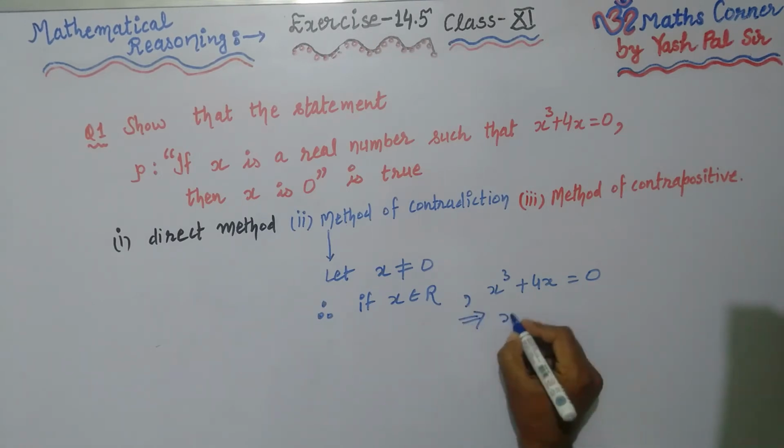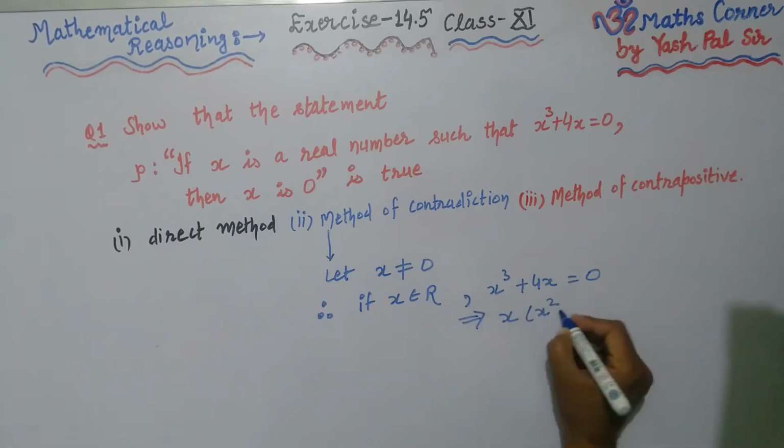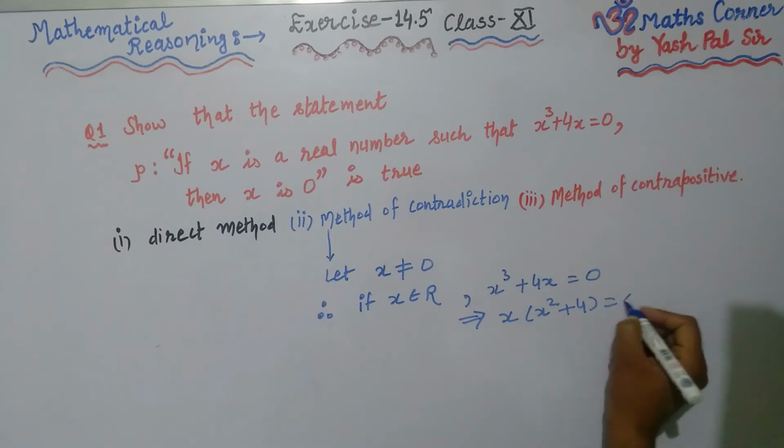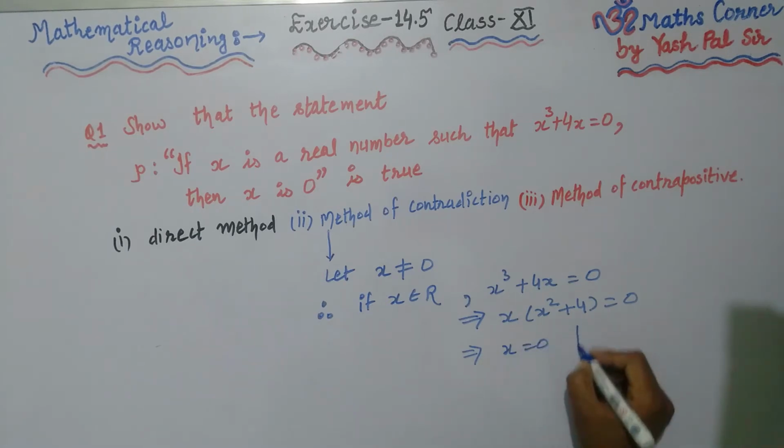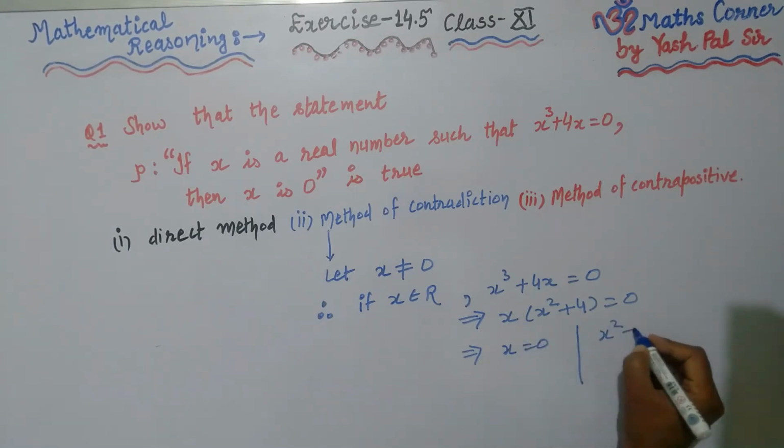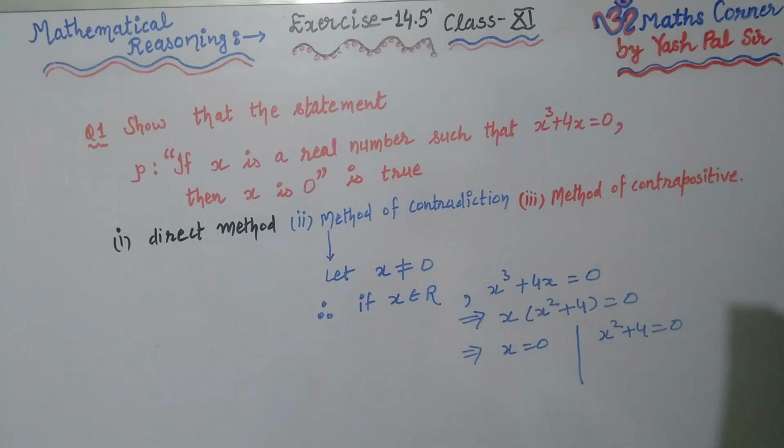This implies, taking x common, x square plus 4 is equal to 0. Again this implies either x is equal to 0 or x square plus 4 is equal to 0. So from here, in the second case, what we see, x square is equal to minus 4. So this is not possible.